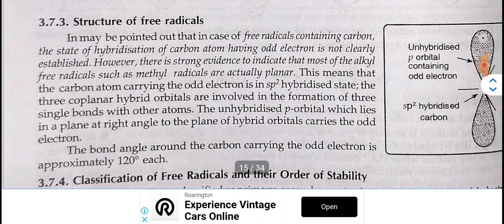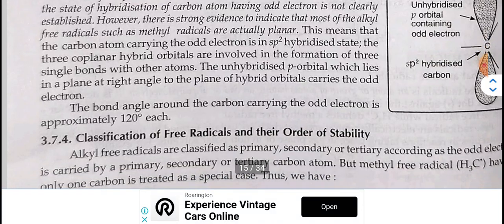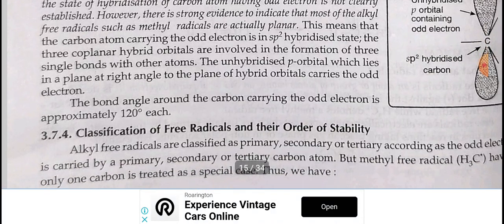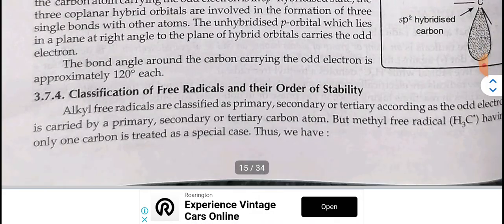This means that the carbon atom carrying the odd electron is in the sp2 hybridized state. The three coplanar hybrid orbitals are involved in the formation of three single bonds with other atoms. The unhybridized p orbital, which lies in a plane at right angle to the plane of the hybrid orbitals, carries the odd electron. The bond angle around the carbon carrying the odd electron is approximately 120 degrees.